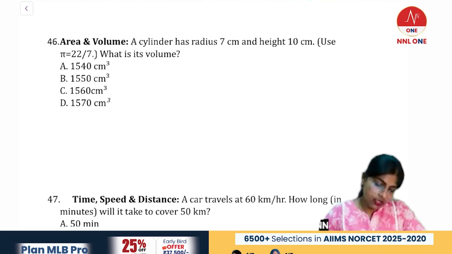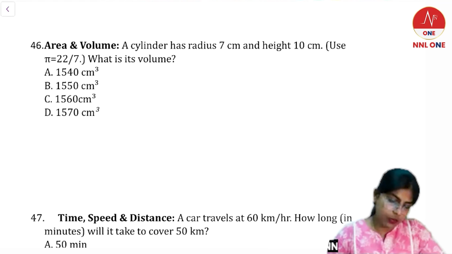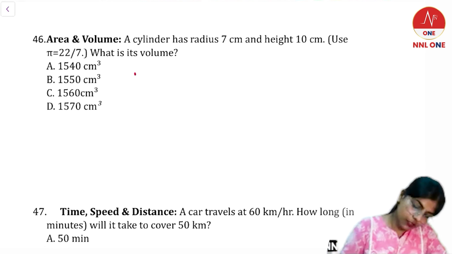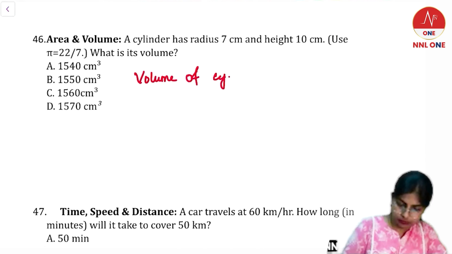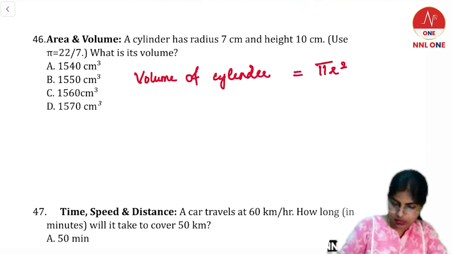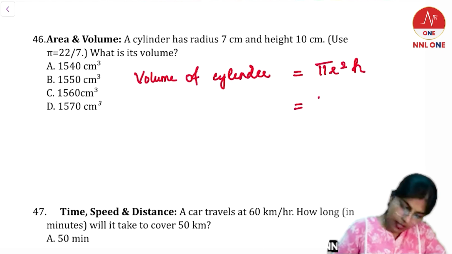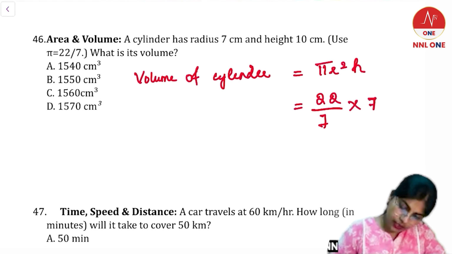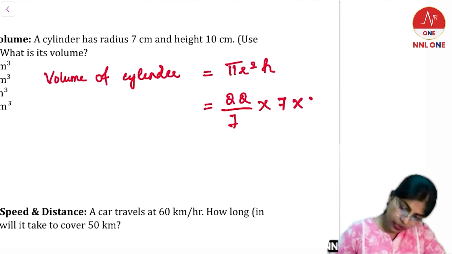Next, a cylinder has a radius 7 centimeter and height 10 centimeter. Use pi is equal to 22 by 7. What is the volume of cylinder? It is pi r square h. The value of pi is 22 by 7. What is the value of r? It is 7 square. So I'm going to write it 2 times.